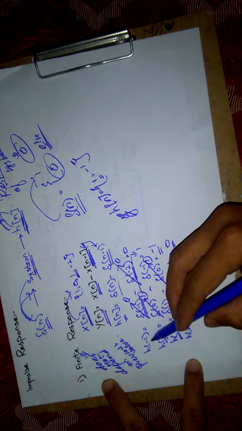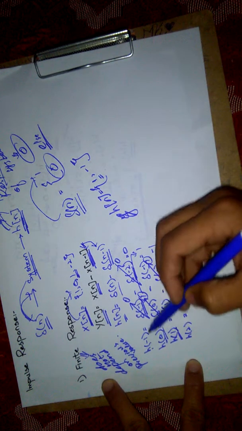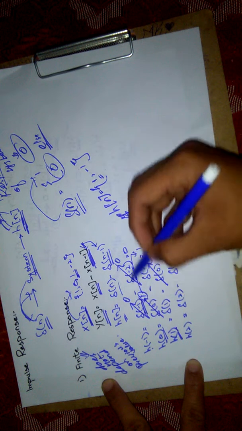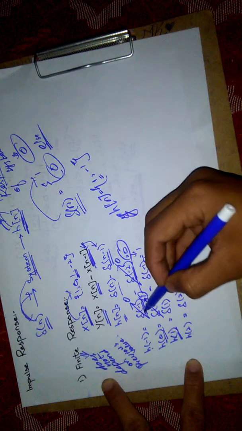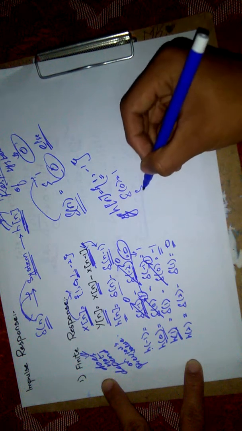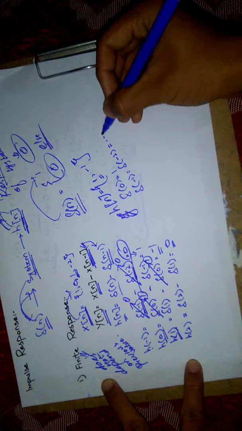Similarly I take different indexes. At h of minus 1 I have delta of minus 1, and this equals 0, because delta of 0 equals 1 and otherwise at all values it is 0.